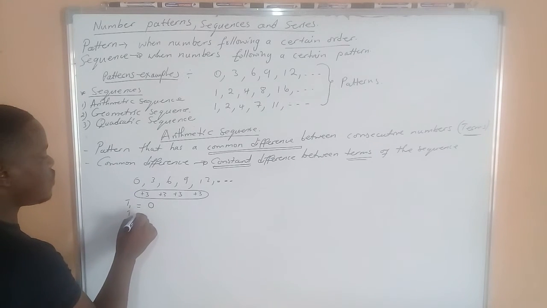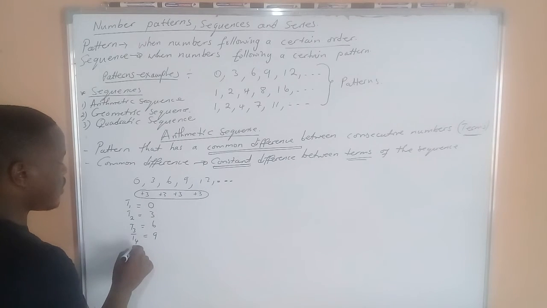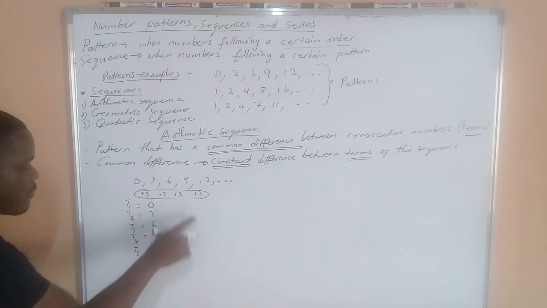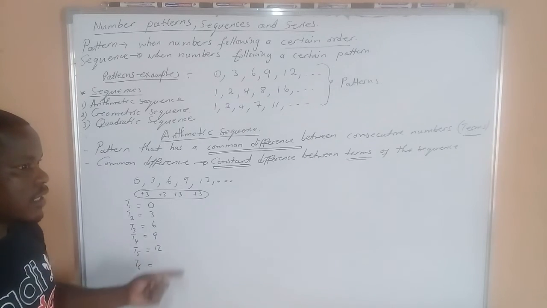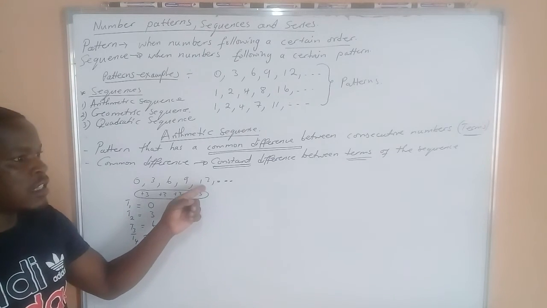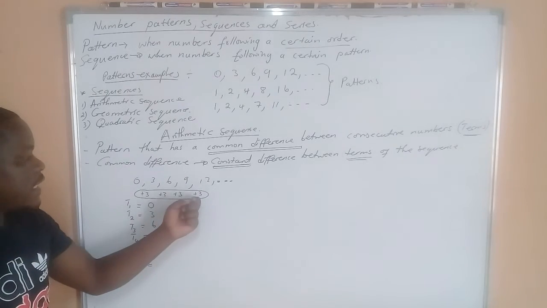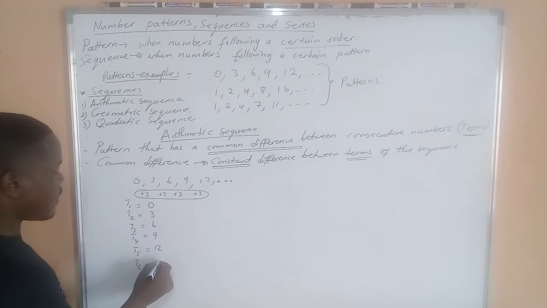Term number 2 is 3. Term 3 is 6. Term 4 is 9. Term 5 is 12. So I will be able to find term 6. To get term 6, I have to add 3 to term 5, so it will be 15.